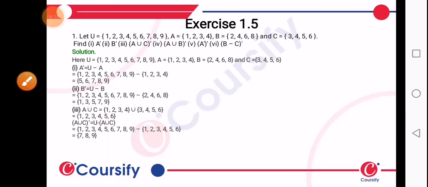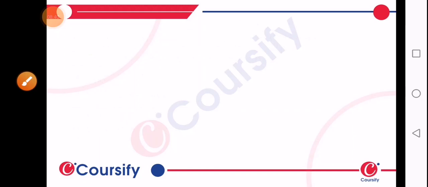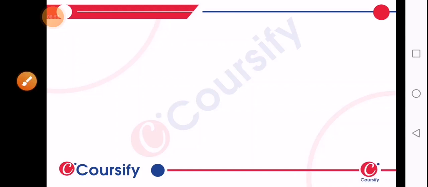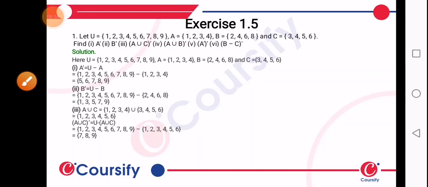Let's move along. Question number 4. A union B complement. Before we take a look into that, let's see what A and B were. A, we know, was 1, 2, 3, 4, and B is 2, 4, 6, 8.